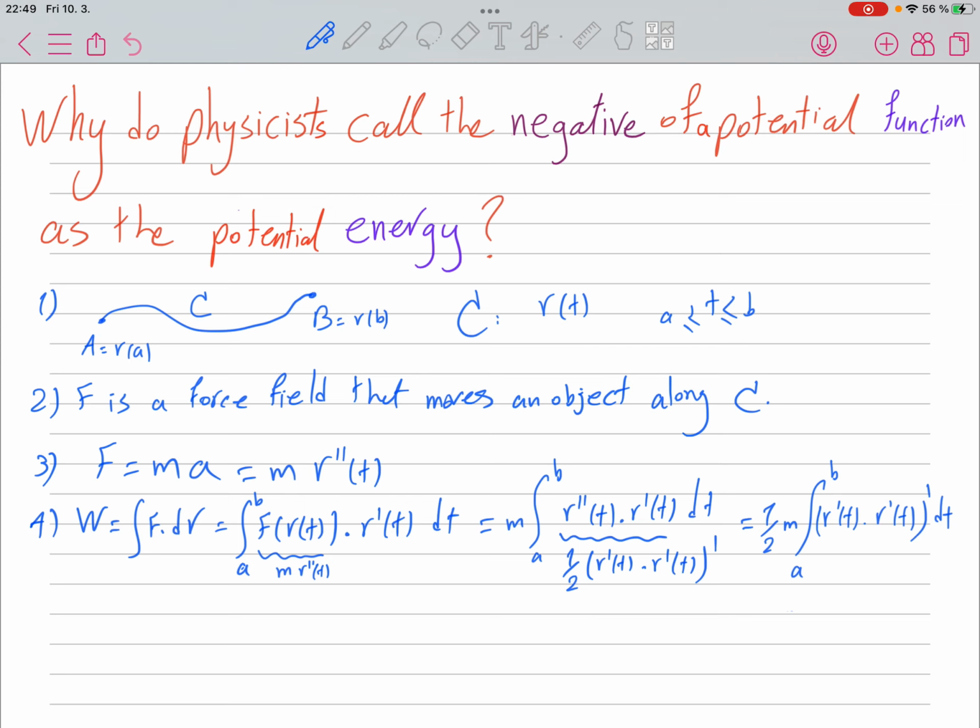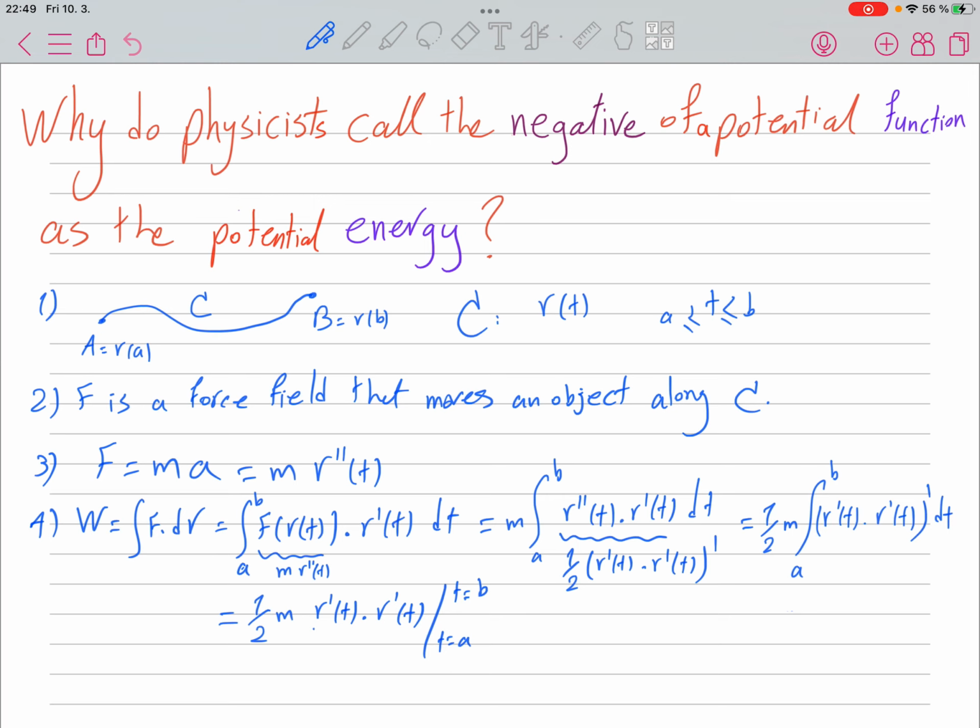Now by the fundamental theorem of calculus, what you have is 1/2 m R prime of t dot product R prime of t, from t equals a to t equals b.